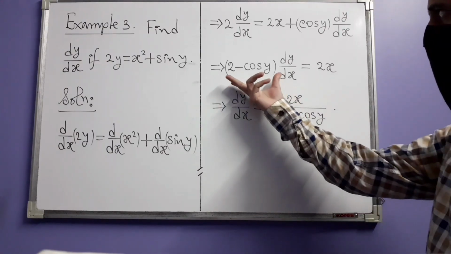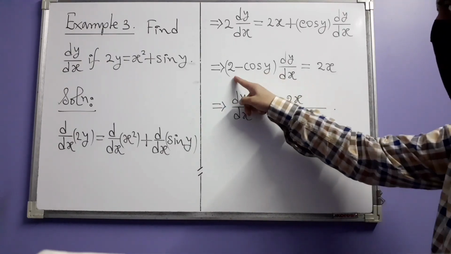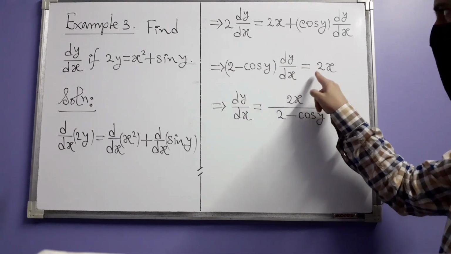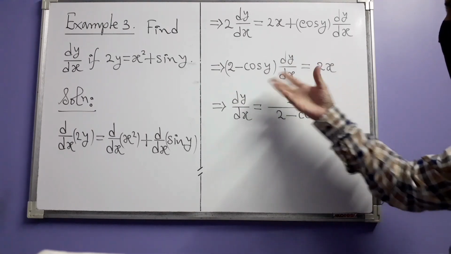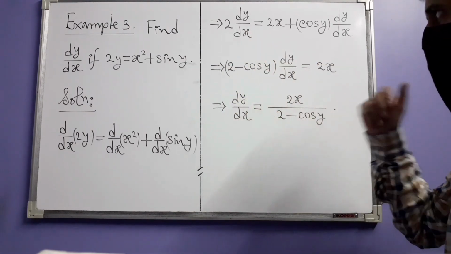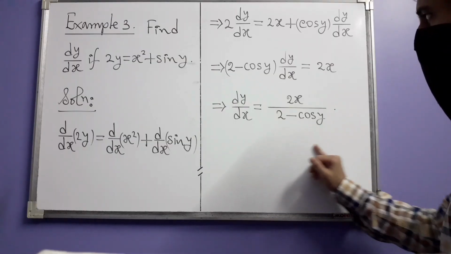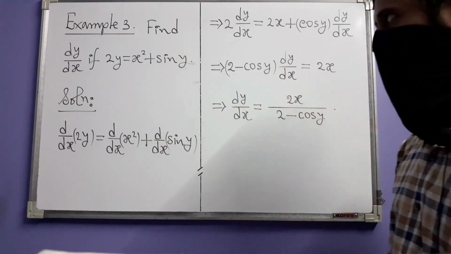But anyway, so this is what you get. 2 minus cos y times dy dx equals 2x. And then when you divide both sides by 2 minus cos y, you get this expression.